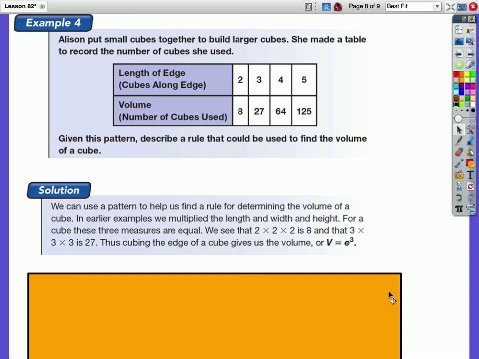Thus, cubing the edge of a cube gives us the volume, or volume equals edge cubed. So here we're just saying that the volume is going to be whatever the length of that edge is cubed. Remember that exponent says we multiply that 3 times. So for 6, we do volume equals 6 cubed, or 6 times 6 times 6.